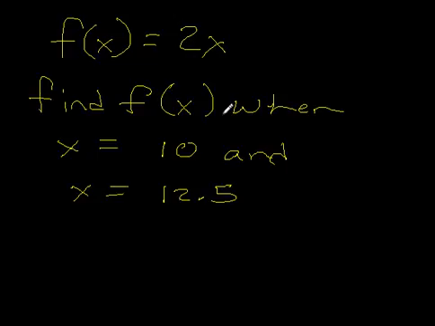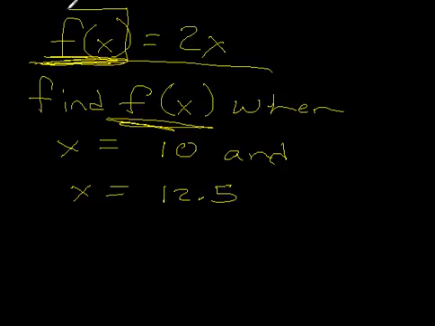The first thing all it's giving me is the function, f of x equals this value here. You can say, hey, it equals this. So what I want you to do is find f of x. Hey, this is the same thing as up here. It's just saying find this, when x equals these two values.